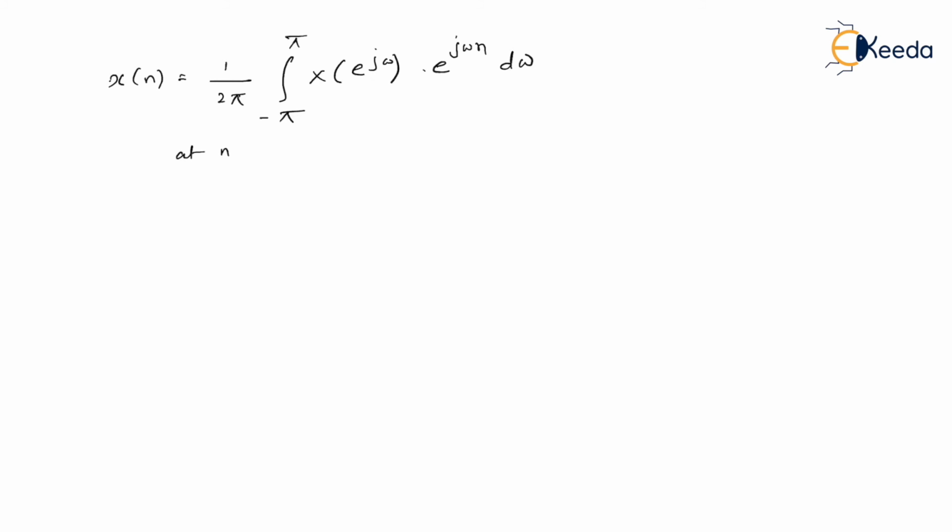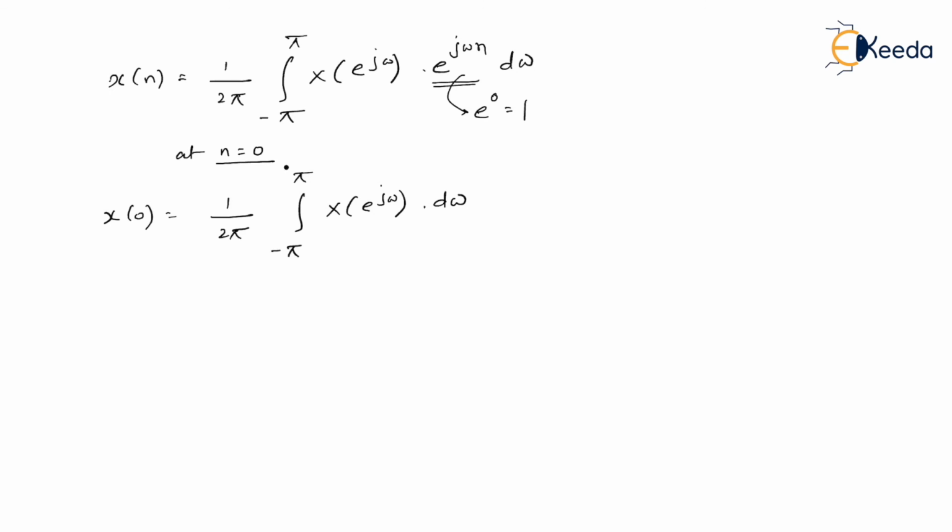Now at n equal to 0, wherever you have n, just replace with 0. It becomes simply x of 0 equal to 1 upon 2 pi integrating over minus pi to pi X of e to the power j omega. Of course, when you substitute n equal to 0, it becomes e to the power 0, which is 1. So you need not mention that 1, I can directly write d omega here.